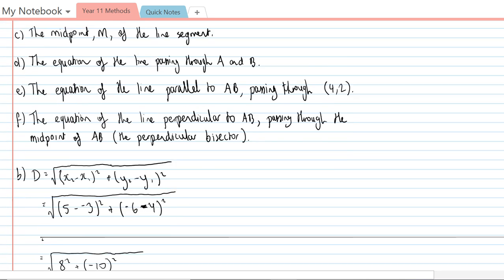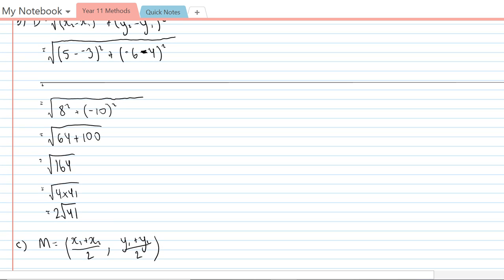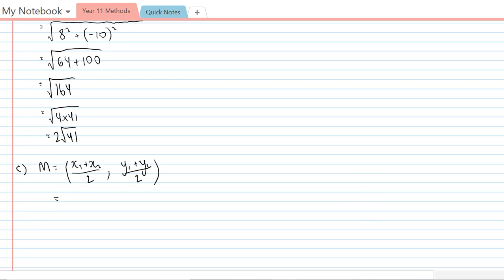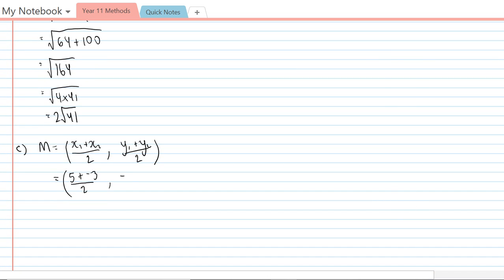Okay, part C, find the midpoint. So midpoint is given by the average of the x values, so add the 2 x values together and divide by 2, and then the average of the y values, so again add them together, divided by 2. So that's going to be 5 plus -3 on 2, and -6 plus 4 on 2.